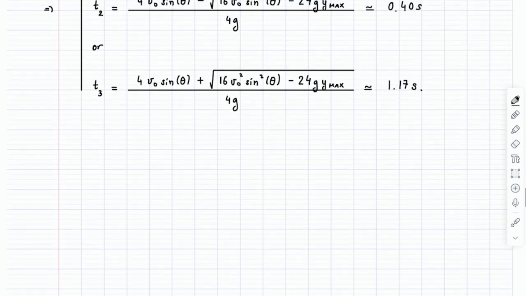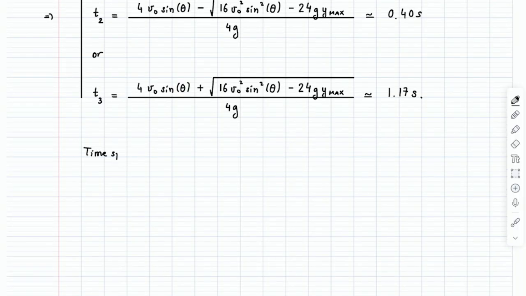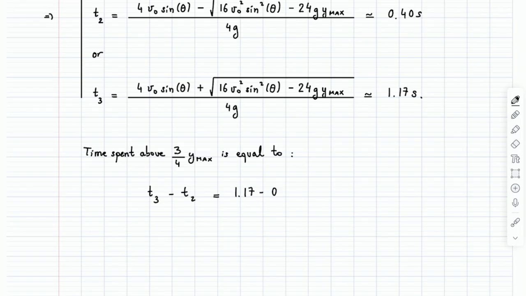So the time spent above 3/4 of y max is equal to t3 minus t2, which is 1.17 minus 0.40, and that's approximately 0.77 seconds.